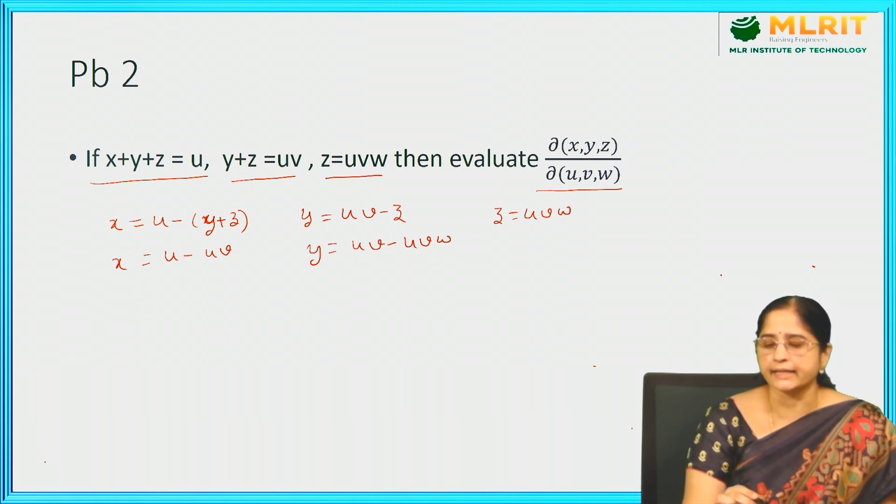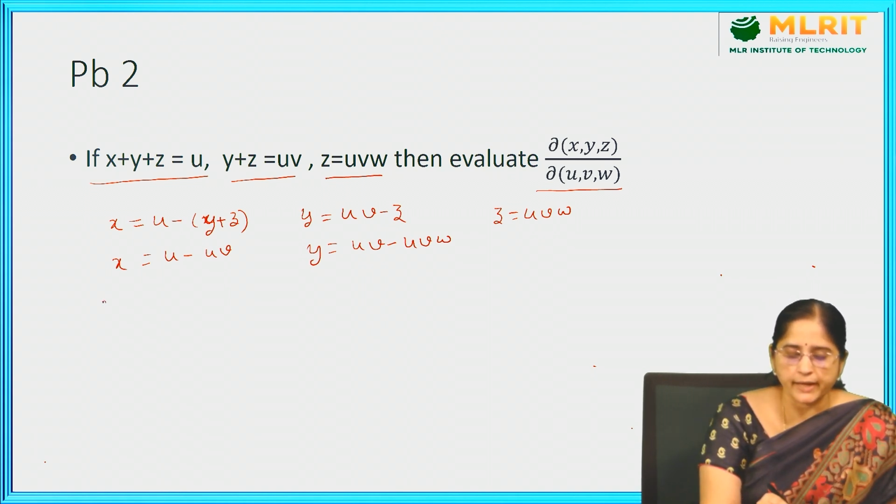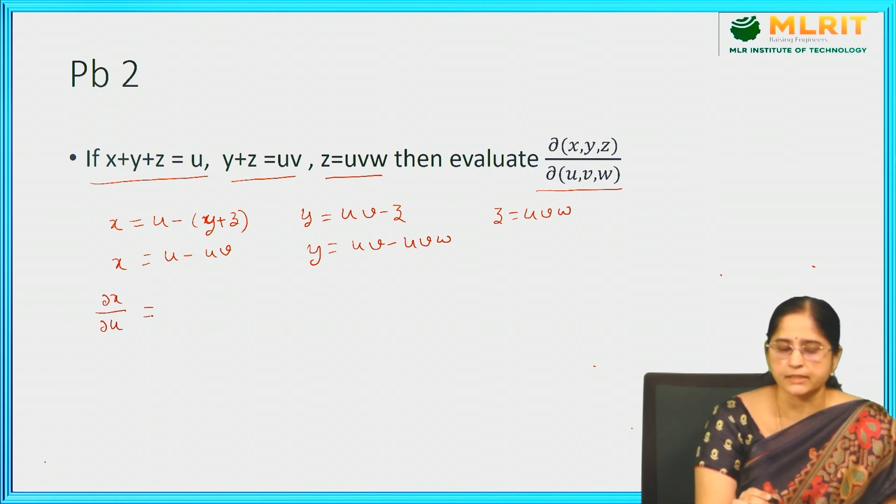That's why calculate the partial derivatives of x, y and z with respect to u, v, w. So ∂x/∂u. With respect to u, we have to keep v and w constant. Derivative of this one is 1 minus v.